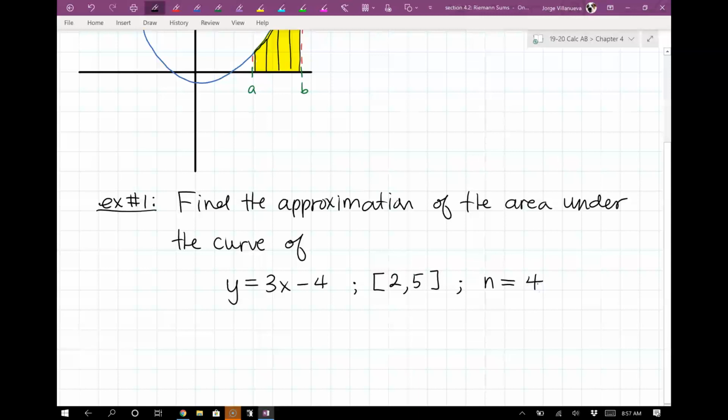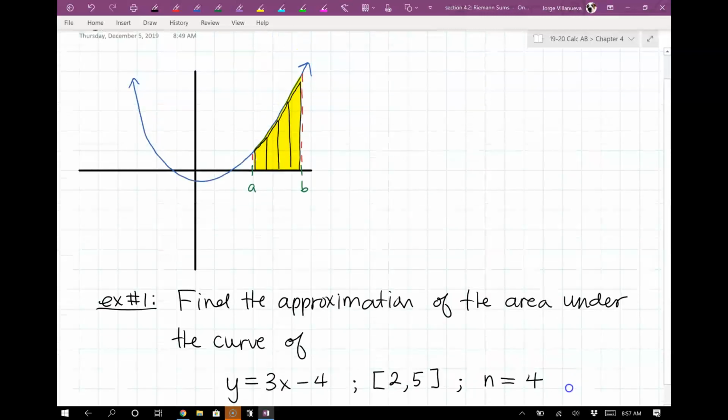Now what n equals 4 is, they're saying, I want 4 of these shapes, 4 rectangles, 4 trapezoids, whatever, but there has to be 4 of them. So if they say n equals 6, that means they want 6 pieces to be put in there. Now, understand that the more rectangles you fit into these things, the better your approximation. Does that make sense? Because if I were to have an area that looked like this, and I say, well, I'm only going to approximate it with 1 rectangle, is that a good approximation?